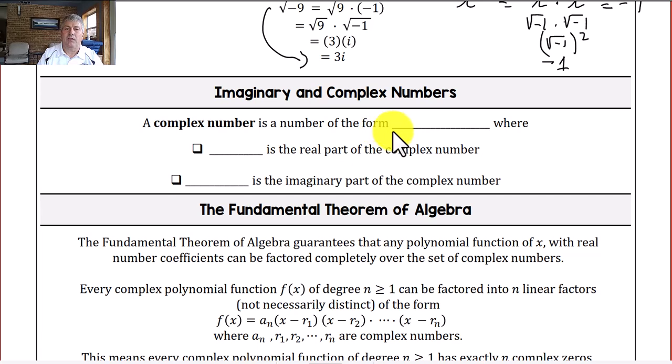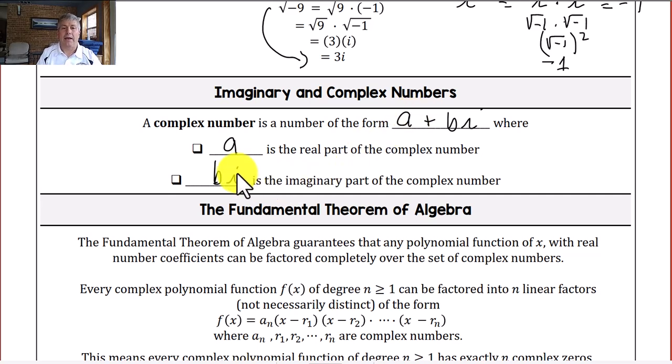A complex number is in the form of a plus bi, where a is the real part of the complex number and bi is the imaginary part. Actually, all the numbers we've been using for our entire life are part of the complex number system, but the imaginary part's always been 0, so we've only worked with the real part.